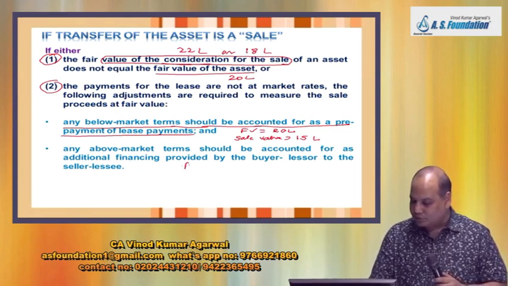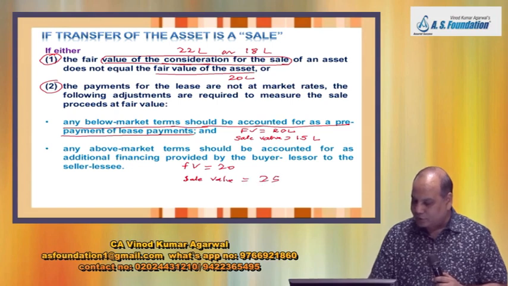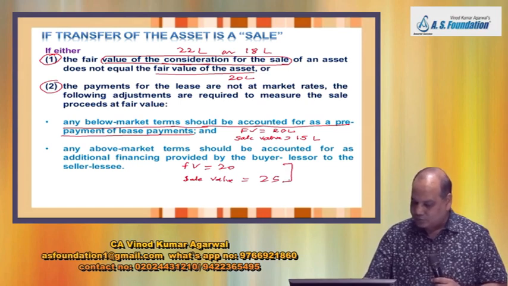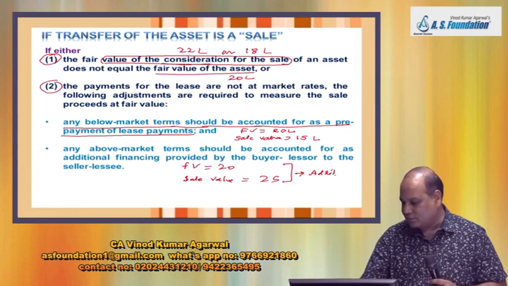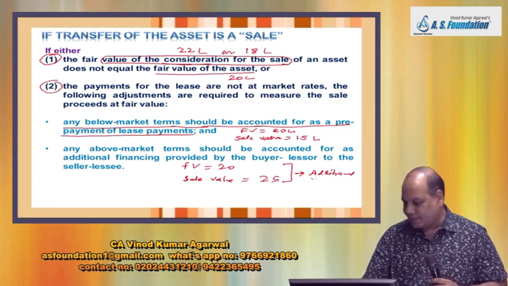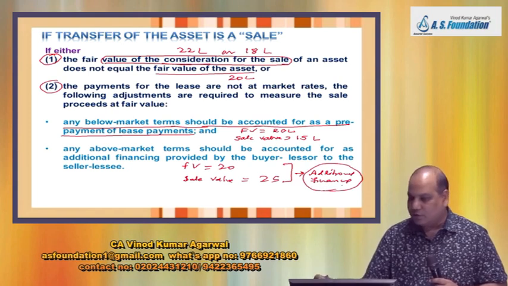Second possibility, fair value is 20 lakh, but the sale value they have fixed at 25 lakh. This 5 lakh extra, you treat it as additional financing. So this will be treated as additional finance.